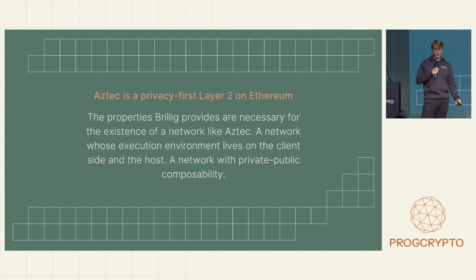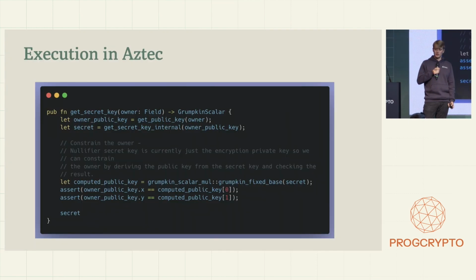So to just show you a basic example from Aztec, the get secret key functionality is something used throughout the Aztec codebase. The secret key is necessary in order to nullify notes, as Aztec has a UTXO model. And if you look here, there's the get secret key internal, and then we ultimately have to constrain our outputs to make sure we don't have any garbage data.